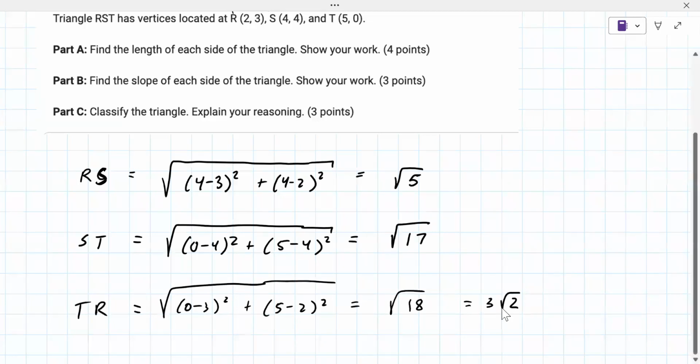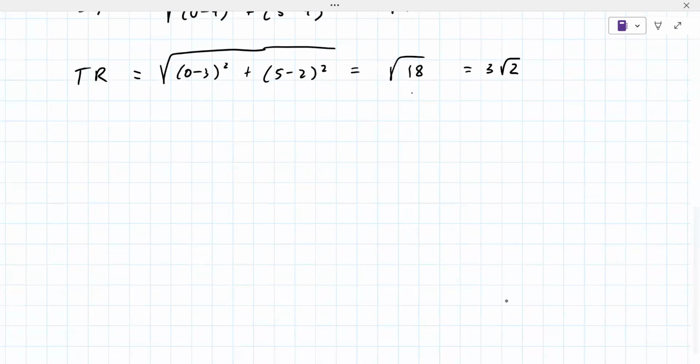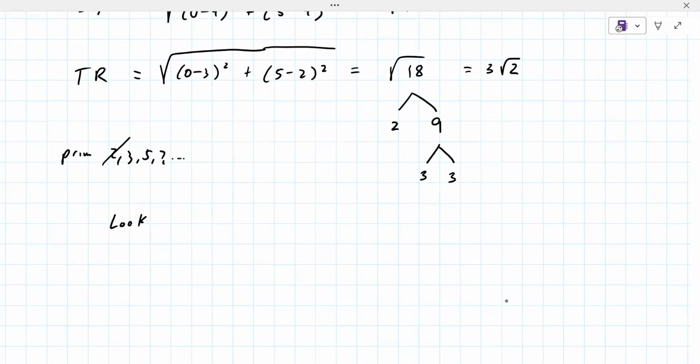Okay, so this is called reducing roots. You start with the first prime number, which is 2. 18 divided by 2 is 9, or 2 times 9 is 18. You try the prime numbers, 2, 3, 5, 7, and so on. 9 is not divisible by 2, so you move to the next prime number, which is 3. 3 times 3, and now you look for pairs.